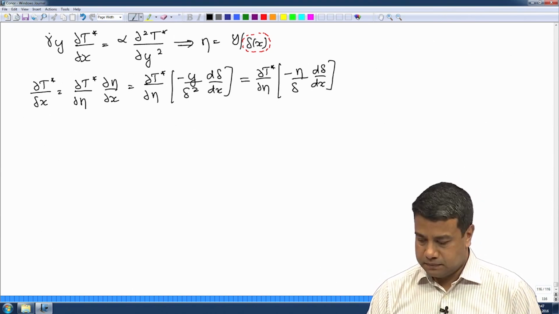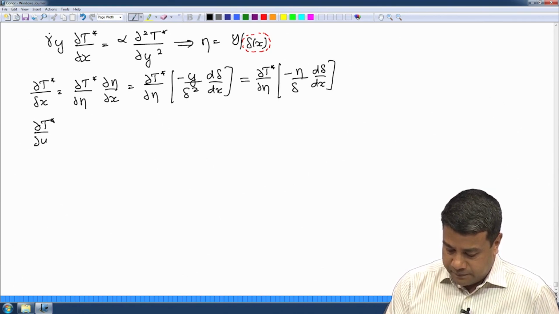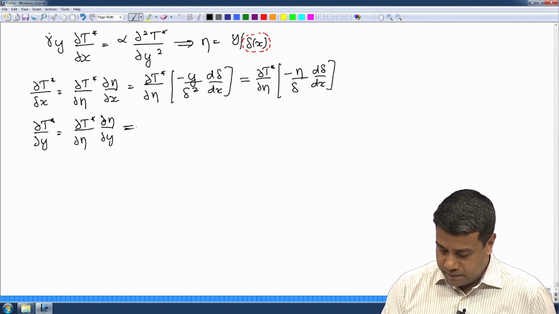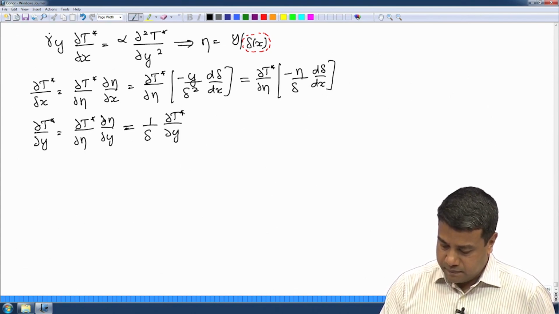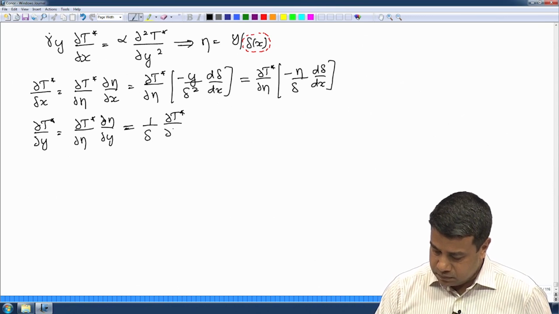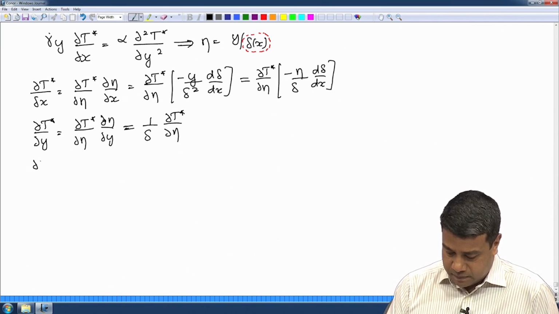And the derivative with respect to y is quite easy. The second derivative.